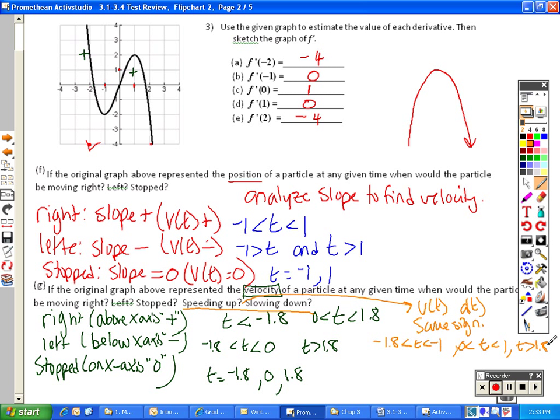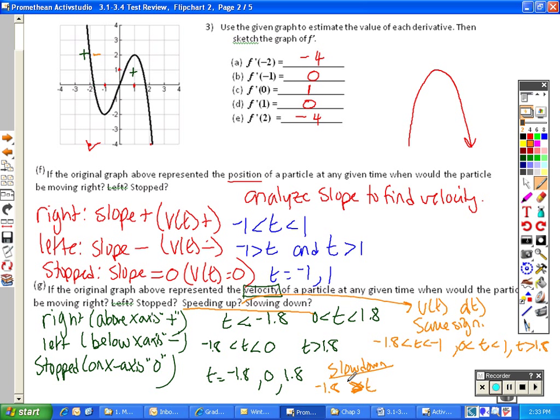When is it slowing down? That's when they have different signs. So basically that's everywhere we didn't just already mention. We started out by saying they had different signs here. That acceleration was negative here, so plus and minus, negative signs. So we've got for t less than negative 1.8.